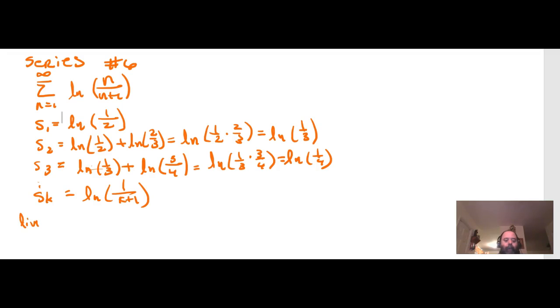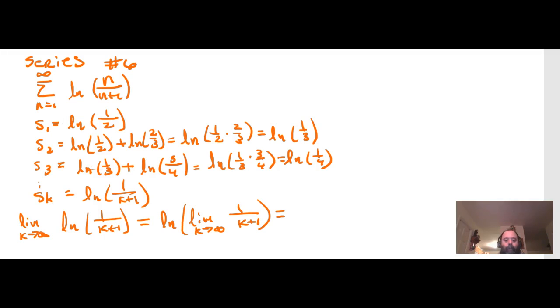So the limit as k approaches infinity of the natural log of 1 over k plus 1 should be the same as the natural log of the limit as k approaches infinity of 1 over k plus 1, because the continuity allows me to bring the natural log inside. Now this is going to approach near where the natural log starts going close to 0, right? If I look at the natural log function, it does this.